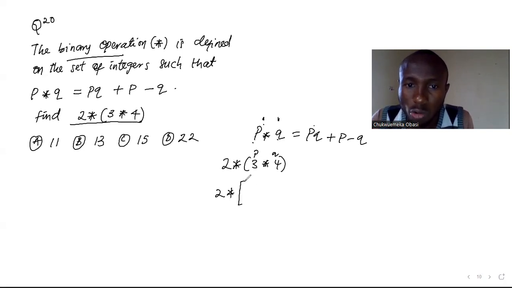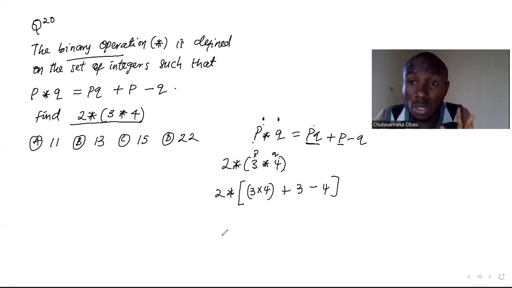The first result is going to be p times q, which is 3 times 4, then plus p, my p is 3, then minus q, my q is 4. So this is how to simplify it.